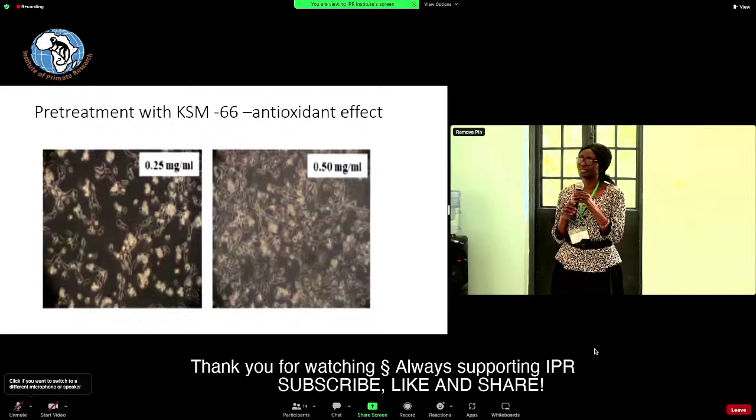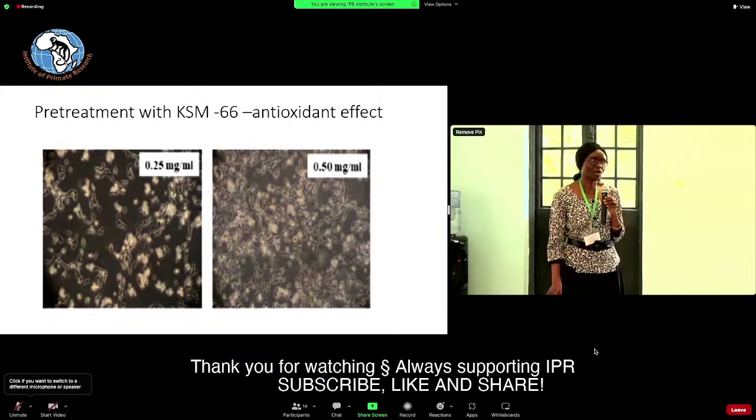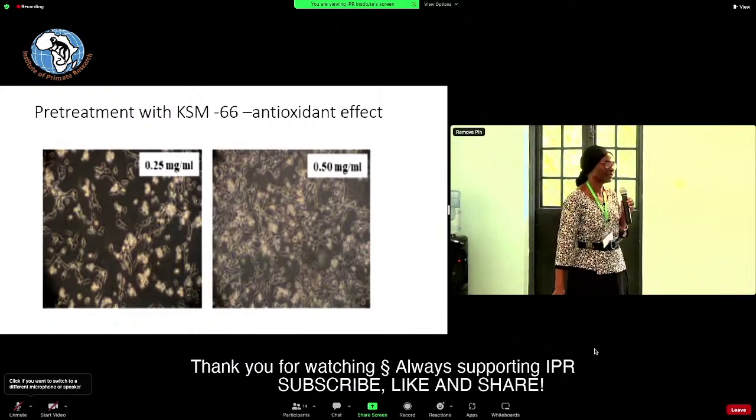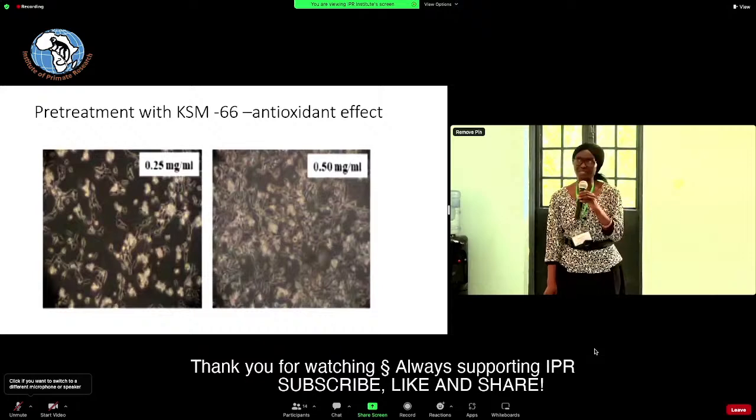Next. Again, in this experiment, they did pre-treatment of the cells with root extract before applying 6-hydroxydopamine.